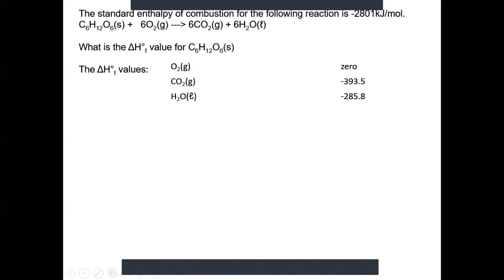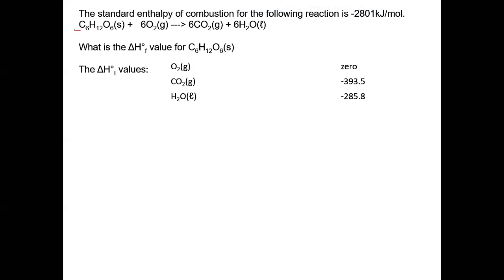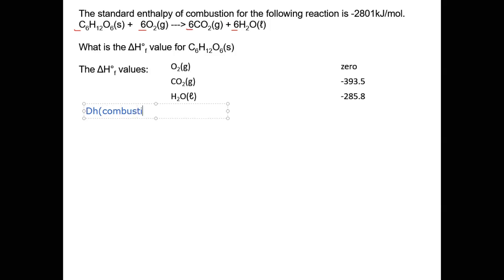So let's set up. Our reaction is balanced. We have 1 mole of glucose, 6 moles of O2, 6 moles of CO2, 6 moles of H2O. So the delta H of combustion equals the delta H of reaction, which equals negative 2801 kilojoules per mole.